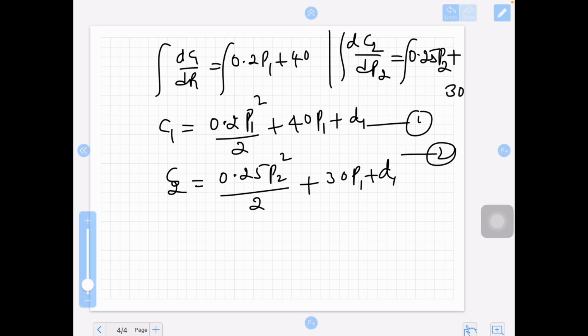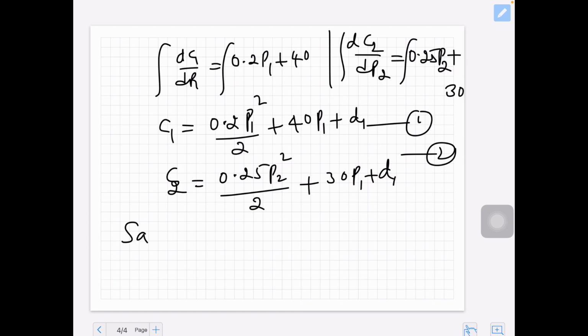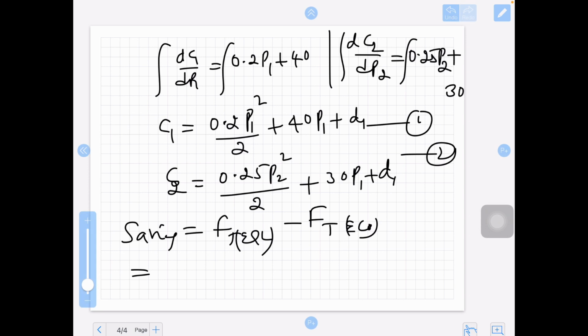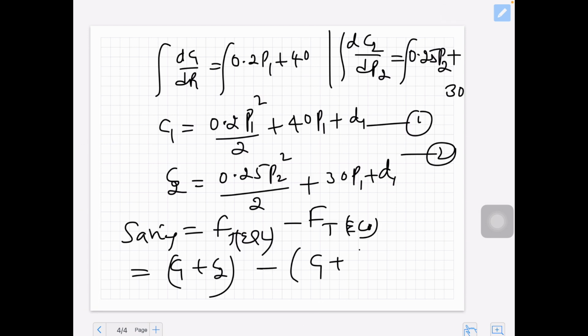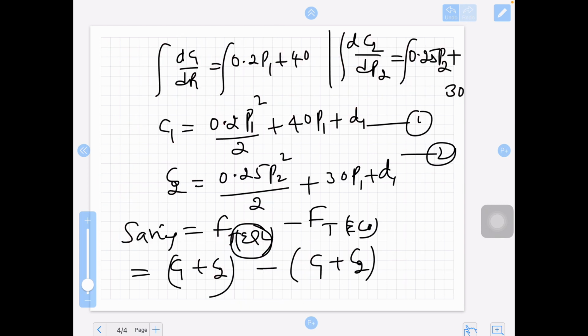So the saving is equal to the cost for equal load sharing minus the cost for economic load scheduling. Here FT is the total cost, that is C1 plus C2. In the equal load sharing, P1 and P2 values are 75 megawatts, that you have to substitute.